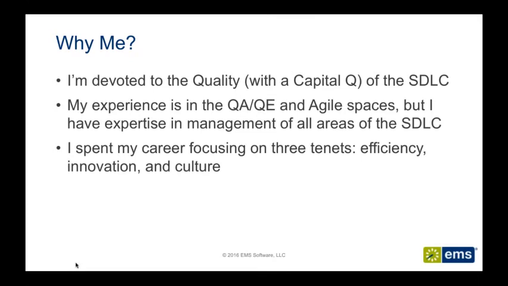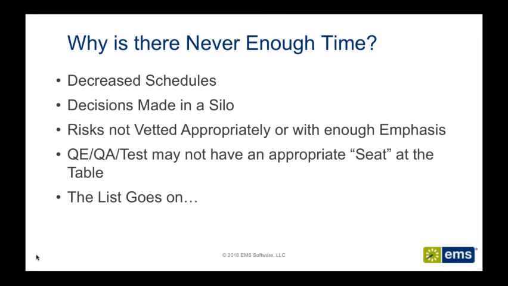All right, so again, why is there never enough time? These are some areas that I've seen consistently, either in teams that I've been on or others that have shared their experiences. So we have decreased schedules. Whether you are practicing waterfall or agile or some other flavor of an SDLC approach, we tend to see decreased schedules for testing, and that comes from a variety of reasons, whether estimates were not accurate enough.